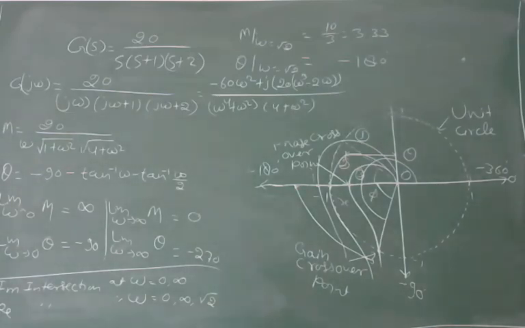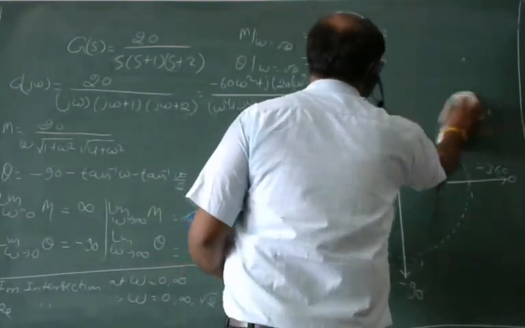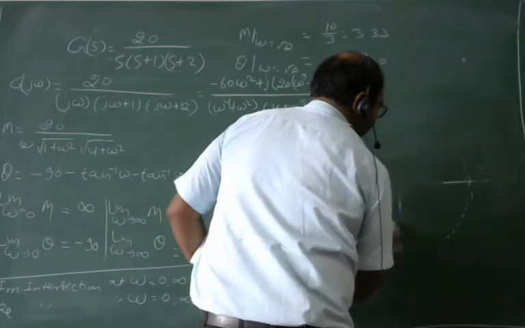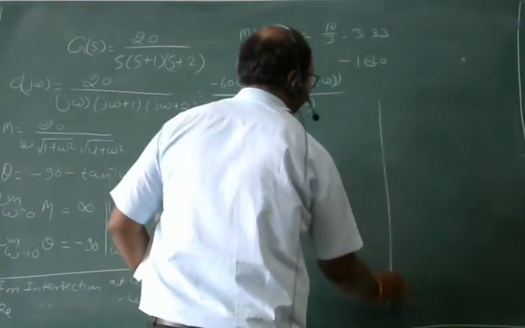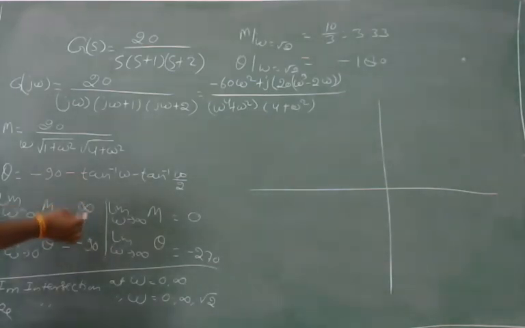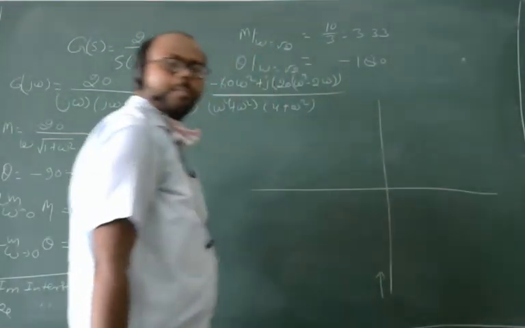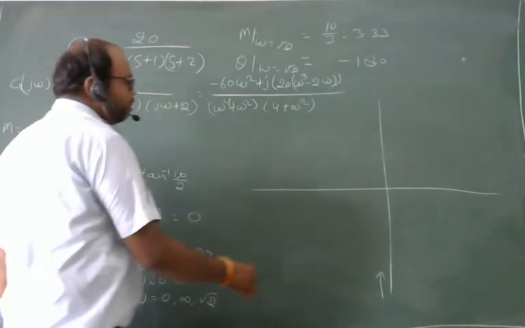So let us draw the polar plot. When omega is equal to 0, M is infinity and theta is minus 90 degree. So we will move from here. When omega is equal to infinity, M is 0 and theta is minus 270 degrees.